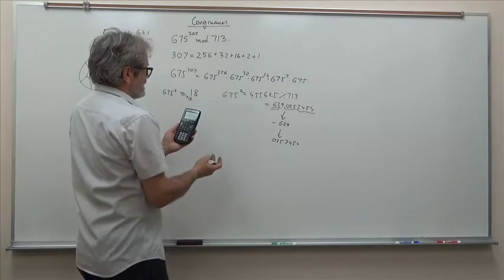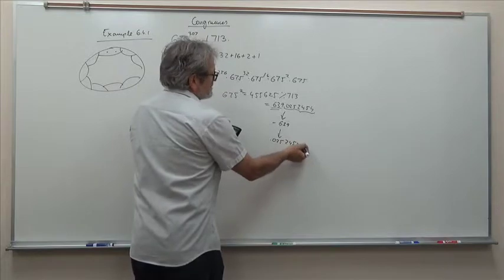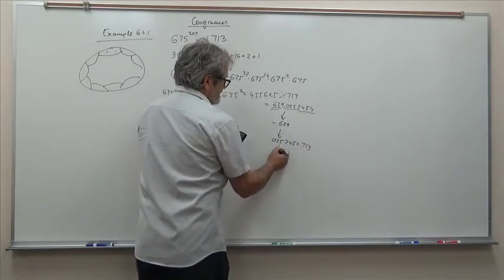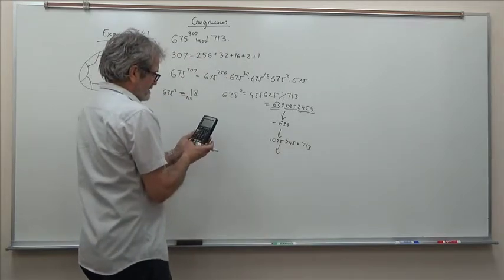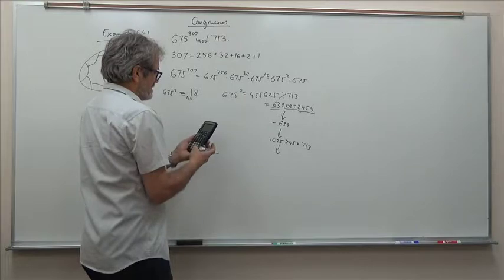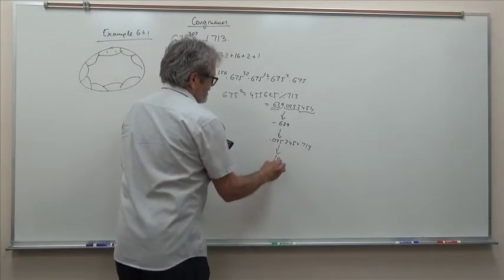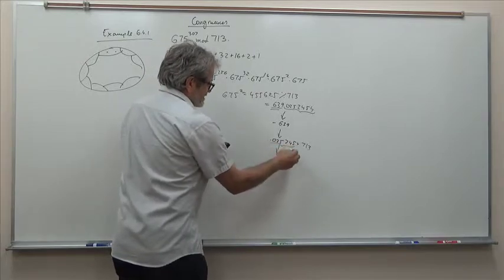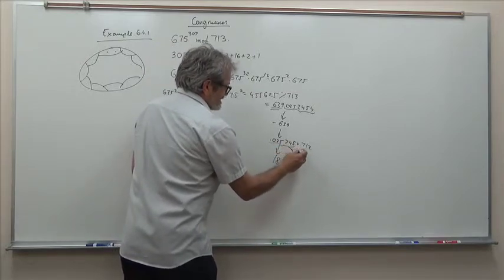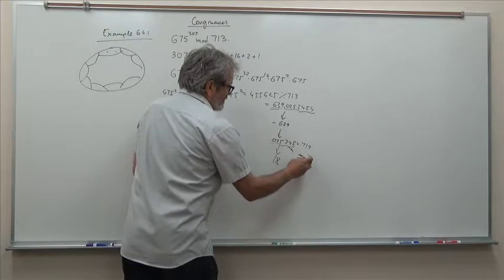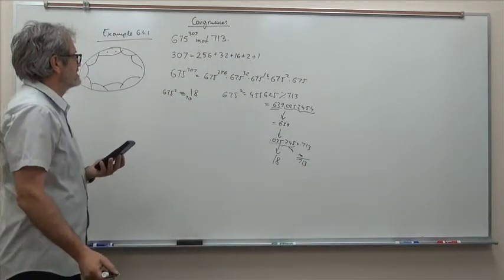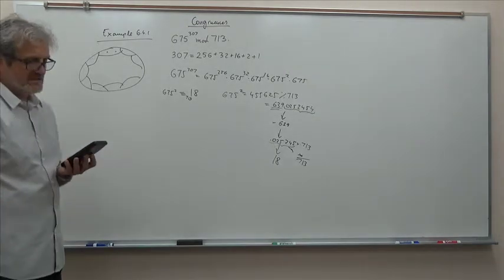And this is something over 713. So when I multiply it by 713, it will tell me what the remainder is. Times 713, and I get 18. To recover the something, I just multiply by 713, and I got remainder 18.